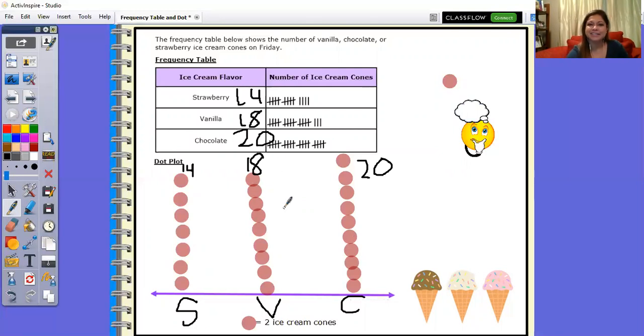Here we have it. This is our dot plot for the ice creams on Friday. Let's say that the question was, how many ice cream cones were there on Friday? If you analyze that, you would think to yourself, well, let me put it all together. I'm going to combine it. And when I combine, I'm going to add. So you're going to add 14, 18, and 20.